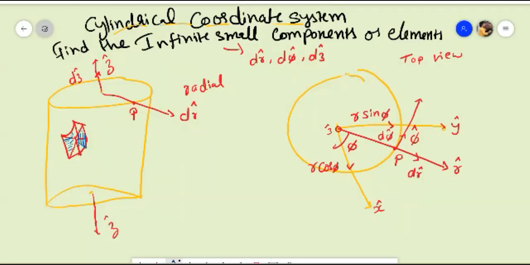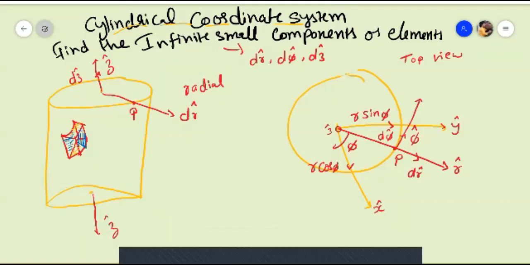These two are the parallel faces, and then we have the top face and the bottom face, which will be equal. And at last we will have our side portion.